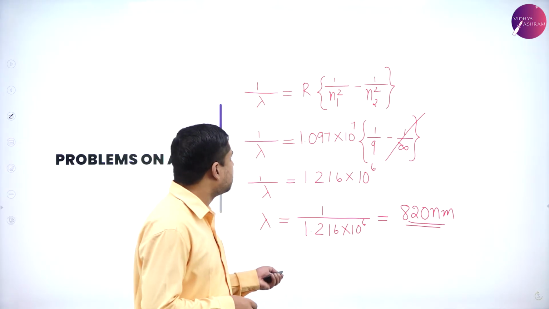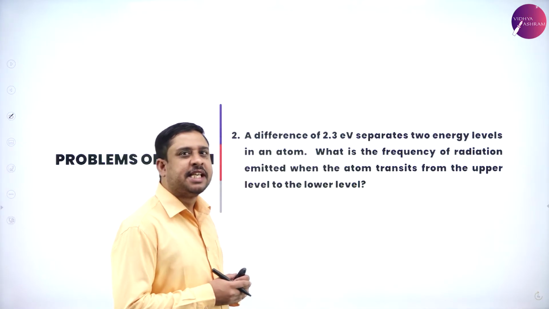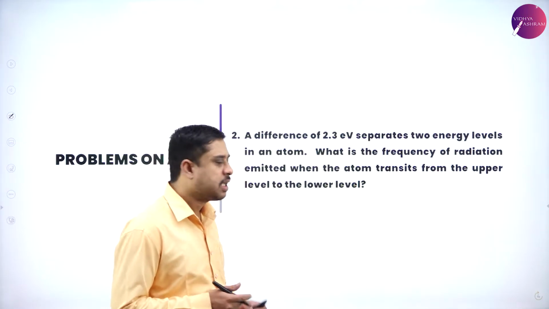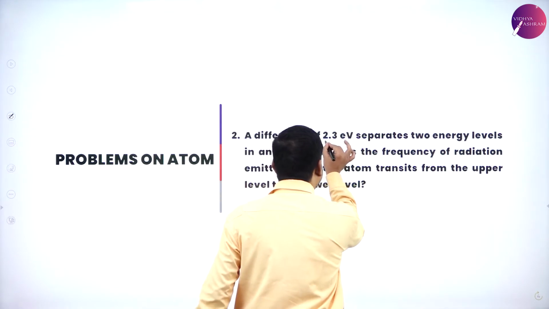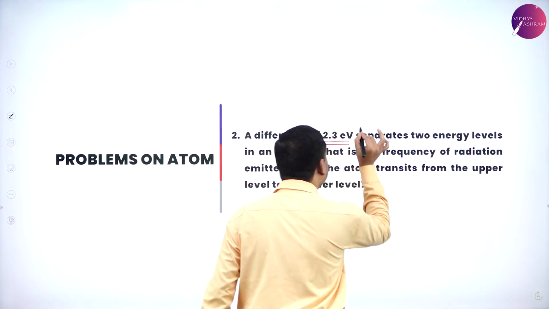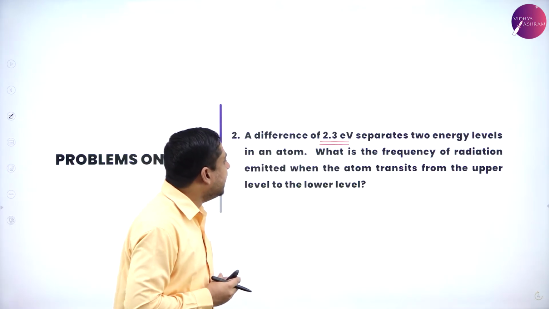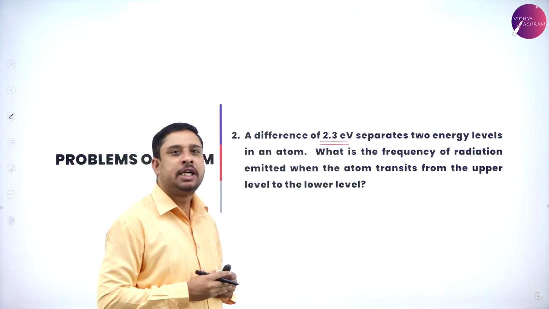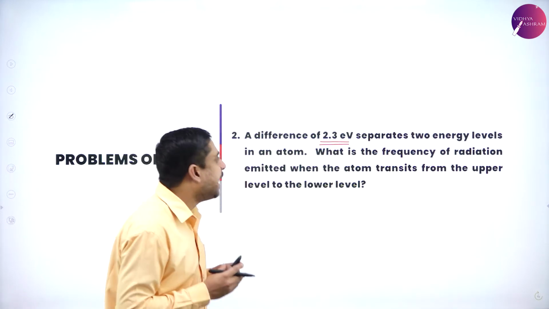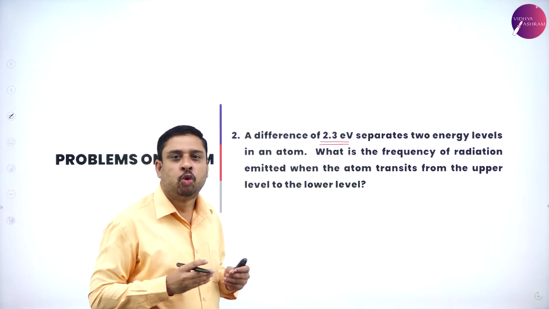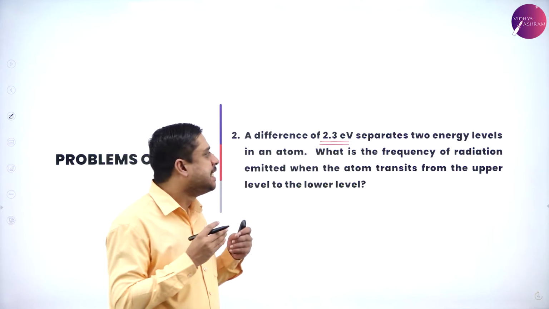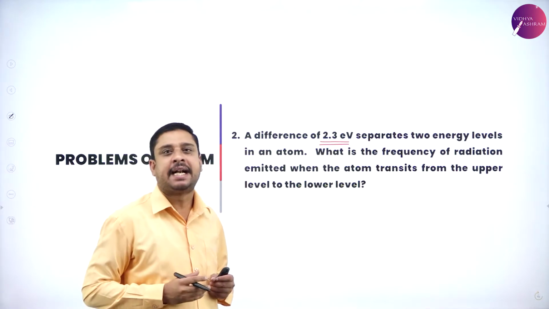Next one, students. The problem says a difference of 2.3 electron volt separates two energy levels in an atom.